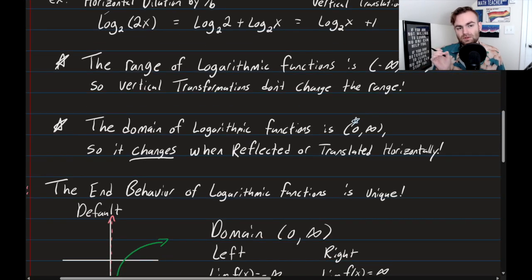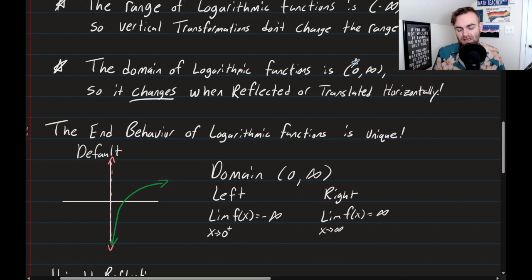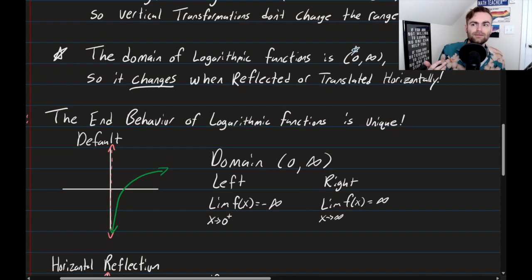The last thing I really want to talk about is the uniqueness of the end behavior. So this is the major function where the end behavior isn't necessarily x towards negative infinity and x towards positive infinity. This is the first one where an asymptote stops the function. The function only exists on one side of the asymptote. So our asymptote by default is x equals 0.